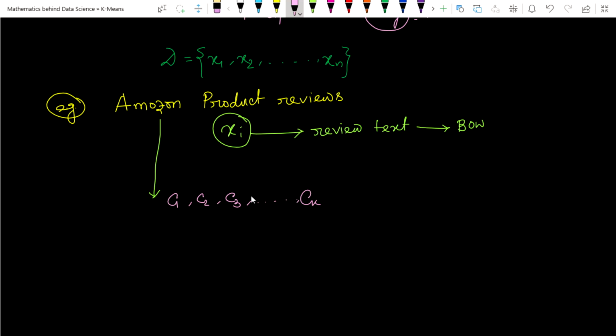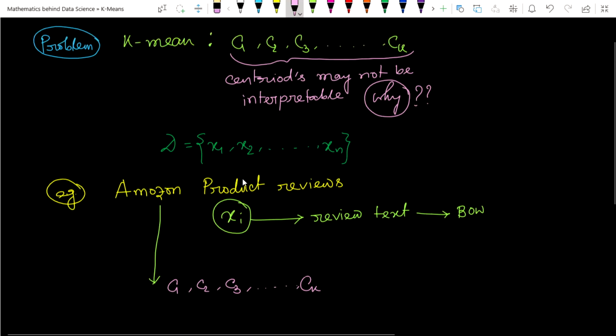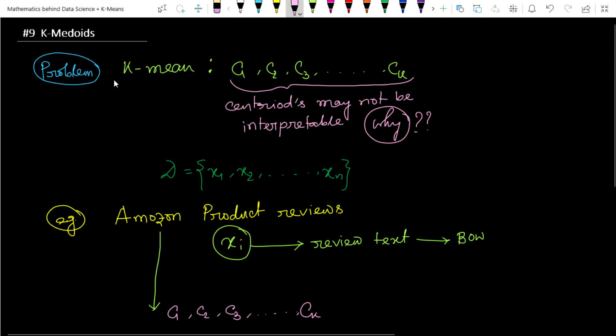the update centroid part. In our k-means algorithm there are 4 parts. First part is initialization, second is assignment, third step is recompute or update the centroids.